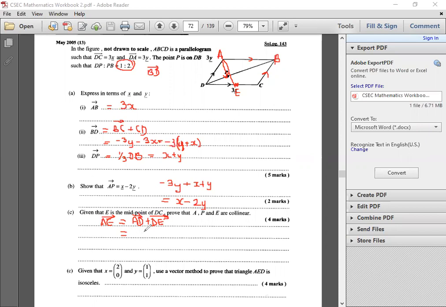This is negative 3y, right? Negative 3y plus 1.5x.